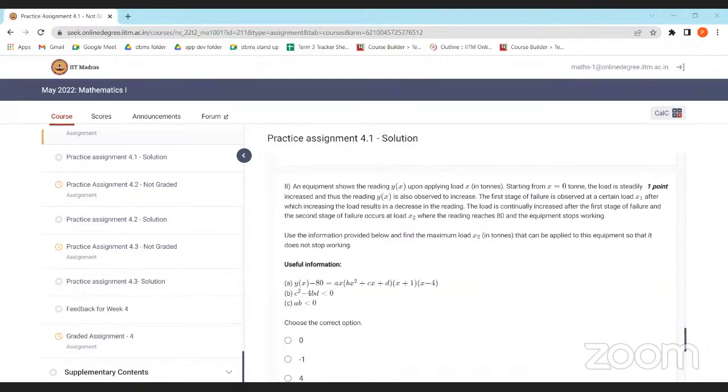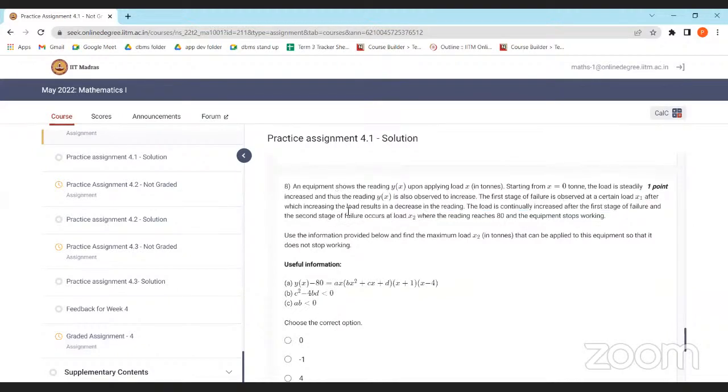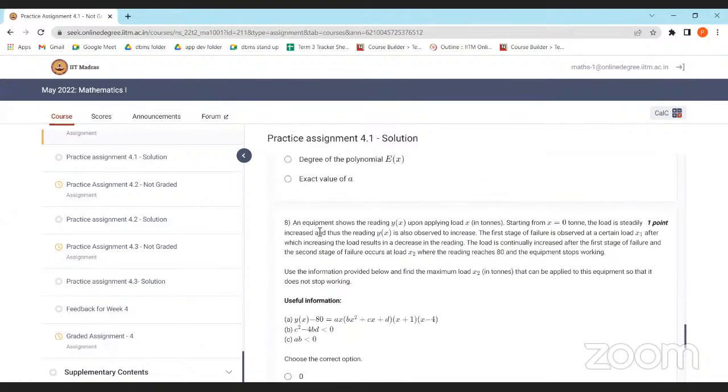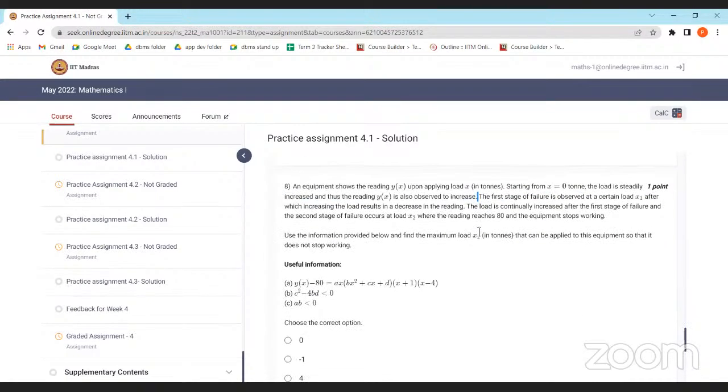So this given equipment shows a reading upon the starting time initially. You simply have to formulate the polynomial expression based on this, and then use this information. Are you able to formulate the expression here? No, the question is not clear to me.